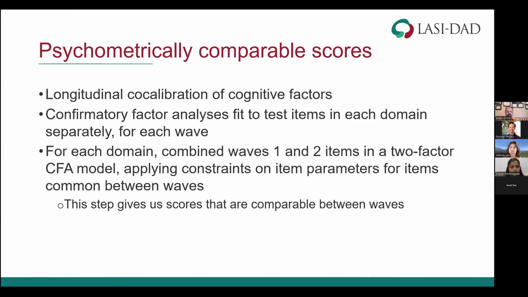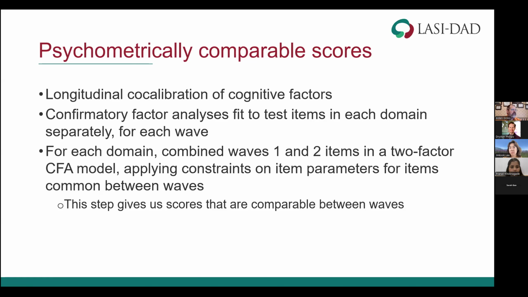This involved estimating a confirmatory factor analysis to test the fit of items in each domain separately for each wave. We're basically making sure that if we were to construct latent variables to represent cognitive functioning, do these latent variable models fit the data and represent the data adequately?